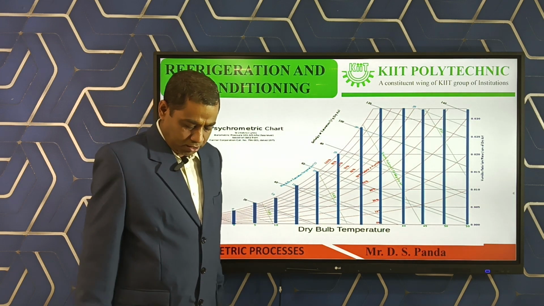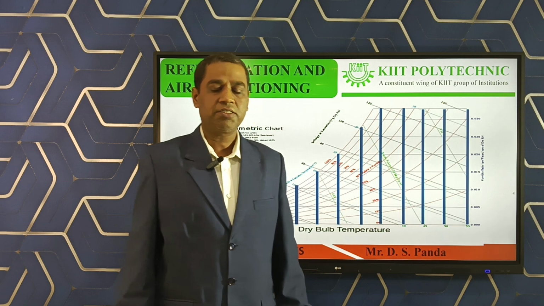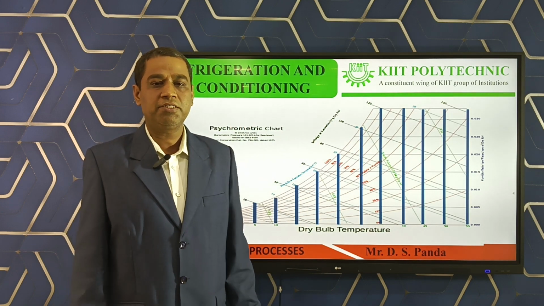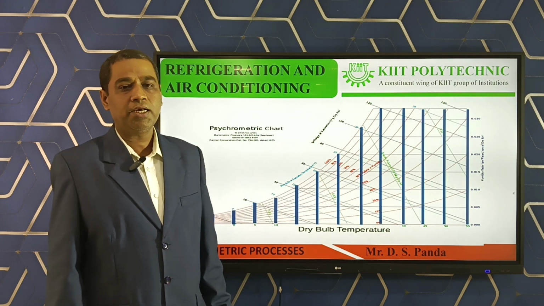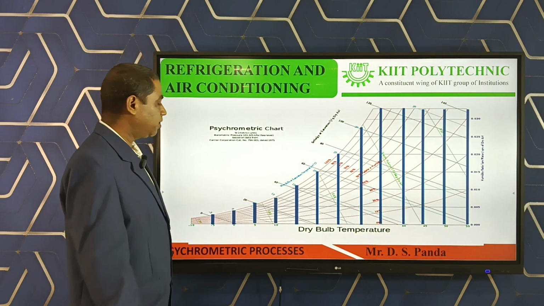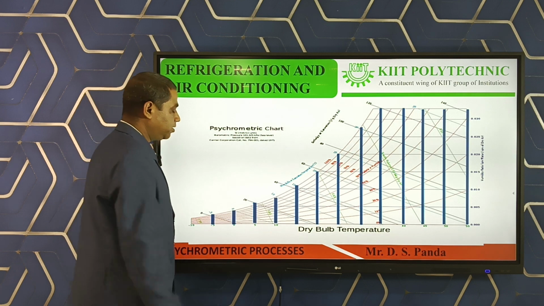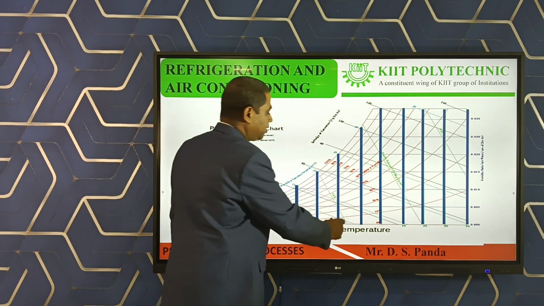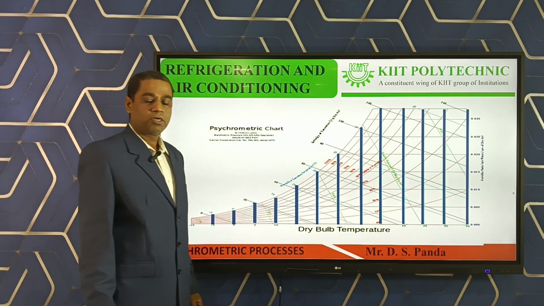Then in our psychrometry processes, we have to identify two major parameters, that is dry bulb temperature and specific humidity. Here it is clearly shown, this dark vertical line indicates the dry bulb temperature of air.